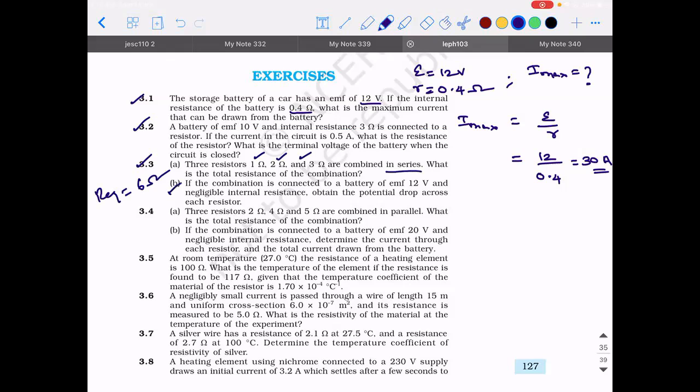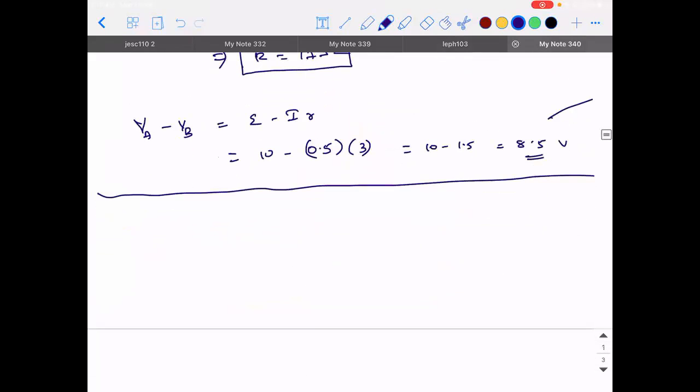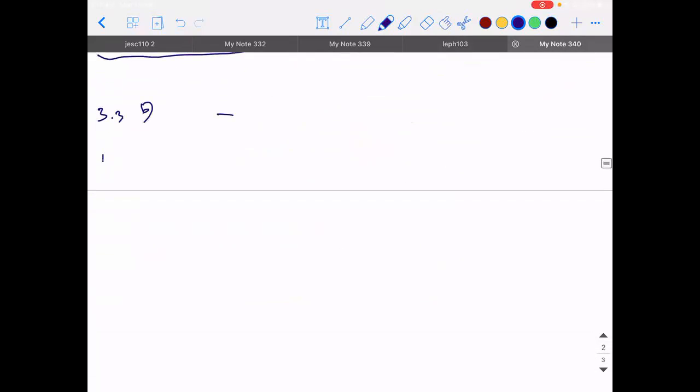If the combination is connected to a battery of EMF 12 volt and negligible internal resistance, obtain the potential difference across each resistor. So what they're trying to say is, the 1 ohm, 2 ohm, and 3 ohm put together is connected across a 12 volt battery with zero internal resistance.